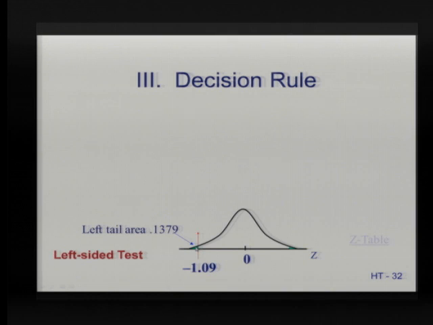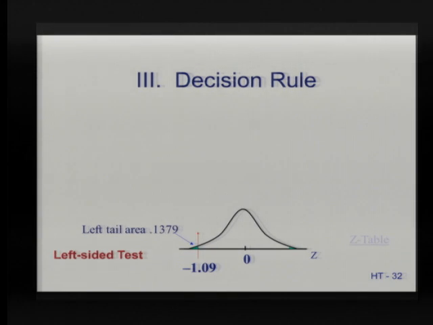If this whole thing doesn't make sense to you, as far as how to get the p-value, memorize this: if you have a left-sided test, once you find the location of the test statistic, you find the area to the left of that statistic. That will be the p-value for your left-sided test. And how do you know whether you're doing the left-sided test or not? Look at your alternative hypothesis. If your alternative is testing whether the proportion is less than some number, it's a left-sided test.